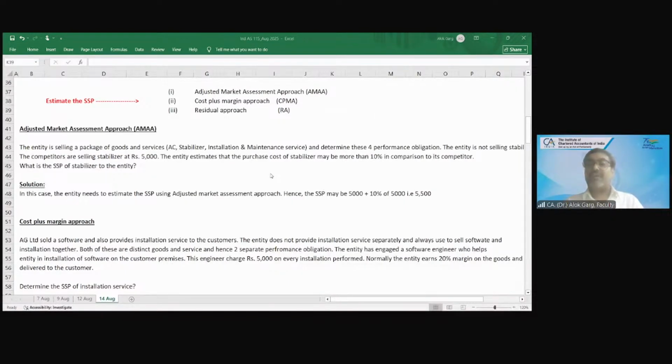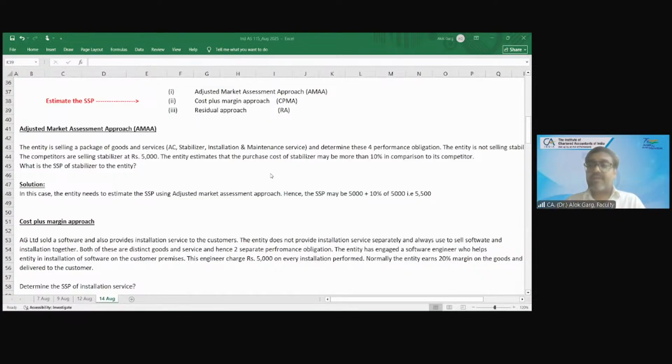So the point is, what is the adjusted market assessment approach? If your standalone selling price of a performance obligation is not identifiable, not measurable, in that case, you have to estimate it. How to estimate that? There are three approaches: adjusted market assessment approach, cost plus margin approach, residual approach.